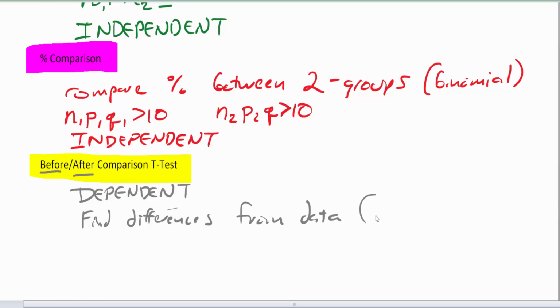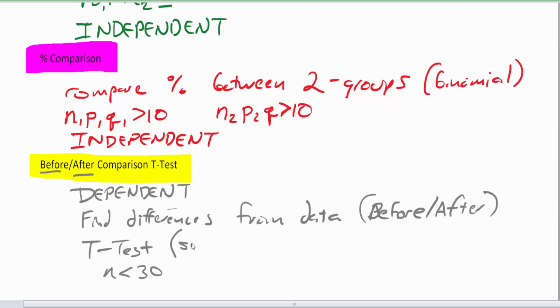and we do that in a before and after kind of way, and we'll talk about how we subtract in the order of that when we get to that section. And then we get to run a t-test. And the t-test is because we're going to have a sample size that's less than 30, because if I gave you a chart that was greater than or equal to 30, you'd spend all your time subtracting. Also, the t-test will be in single variable, okay?